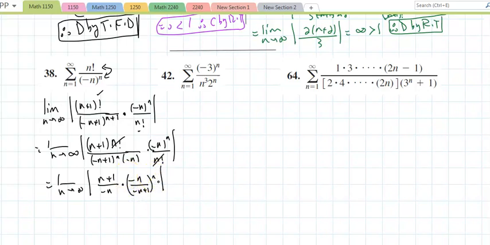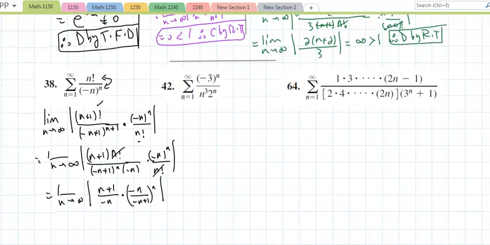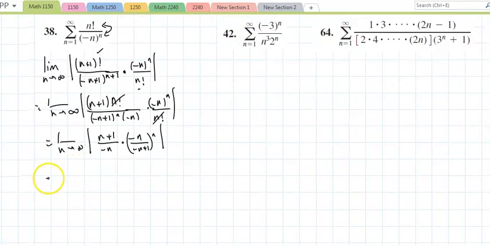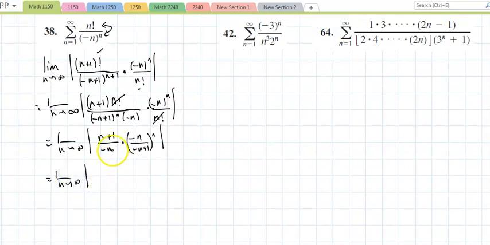And that is the limit as n approaches infinity. If I divide by the highest power term of the denominator, here I'm going to do a nice trick.